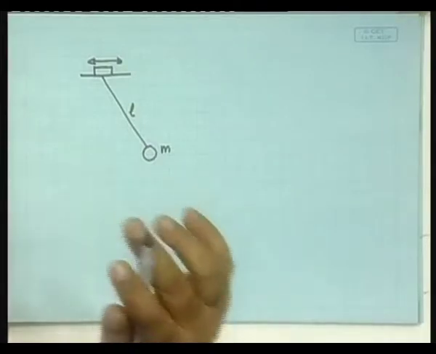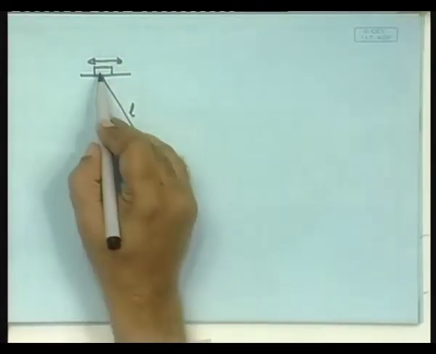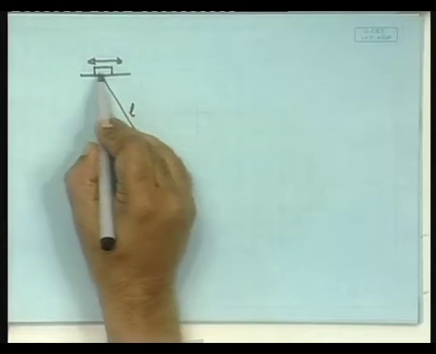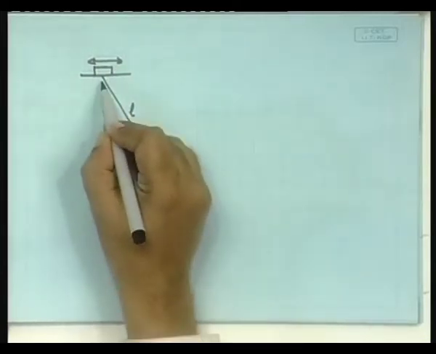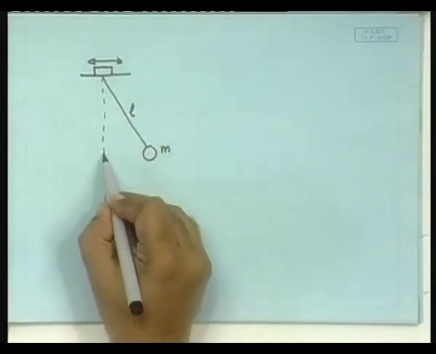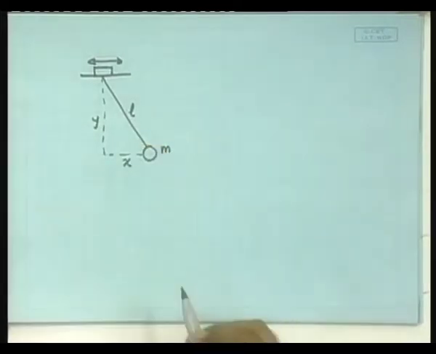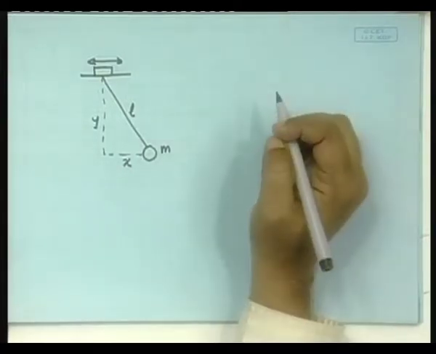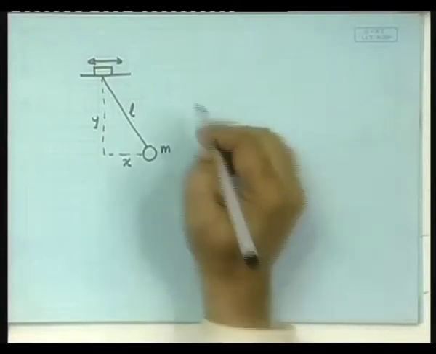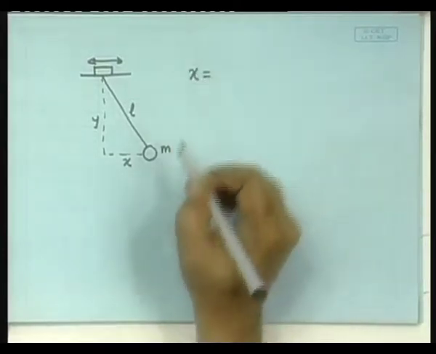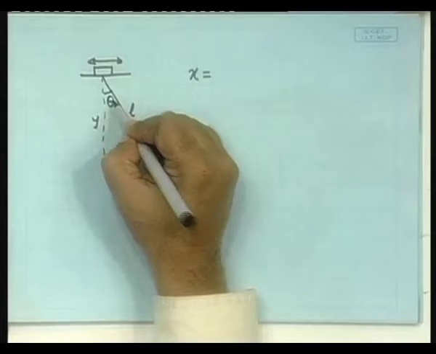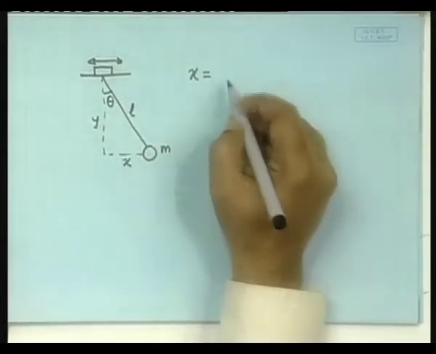We would need the x coordinate, the y coordinate, because this fellow is moving in the x coordinate. So, here is the x and here is the y. Fine. Now, if this is theta, x is L sin theta.